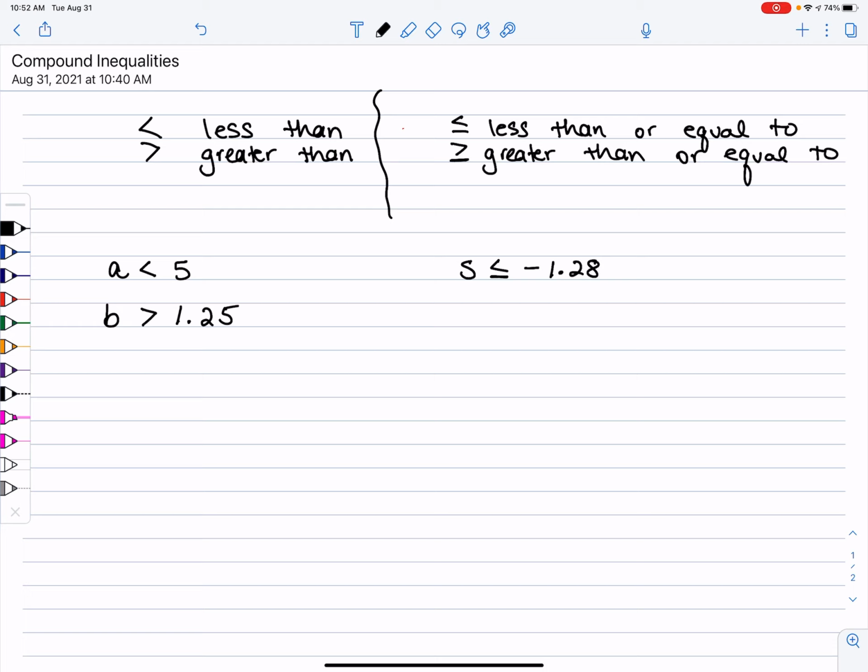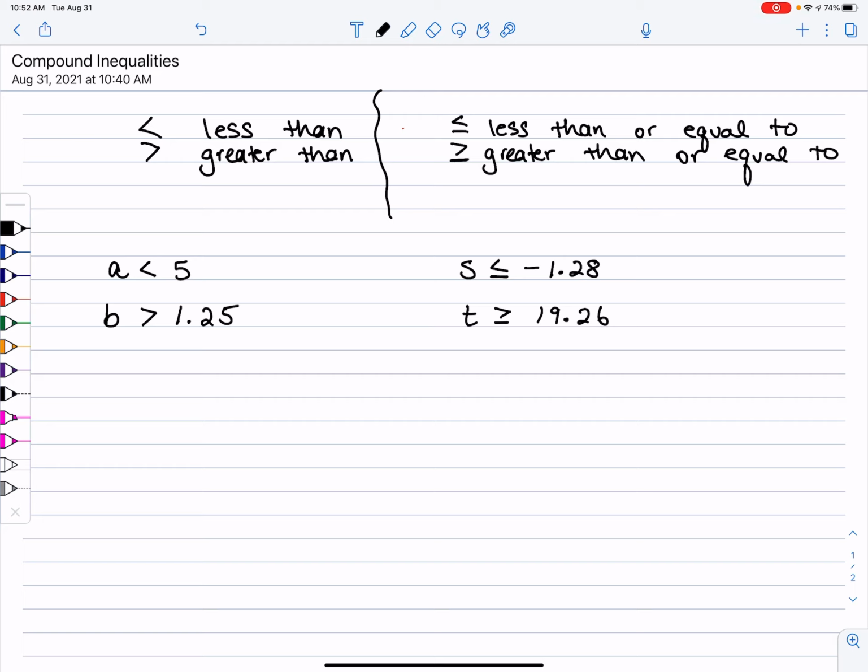Or we can say T is greater than or equal to 19.26. So whenever you are reading inequality symbols, we read them from left to right.